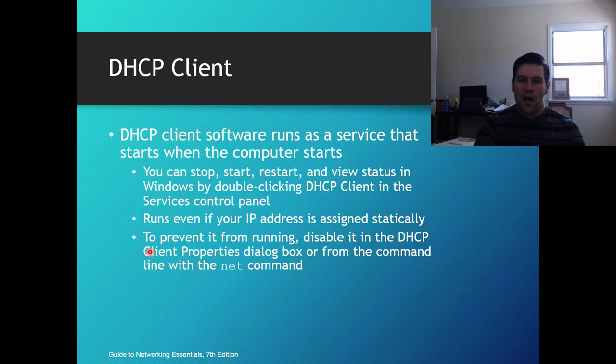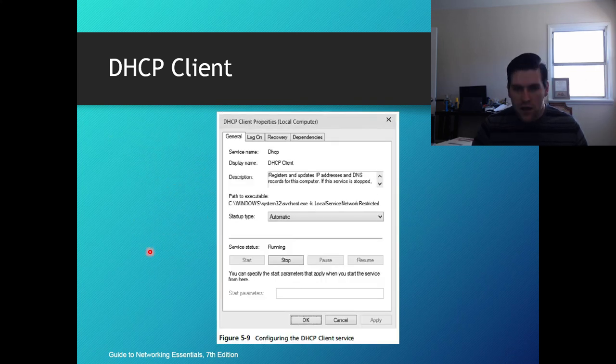I'm not going to delve into that too much, but here's what it looks like when you go to the services snap-in and look at the DHCP client service properties. You don't need to dig too deeply into this. You just need to know that this is the software that's actually doing the requesting. It's the service that's requesting a DHCP address. So if this is turned off, your computer's not going to get a DHCP address.